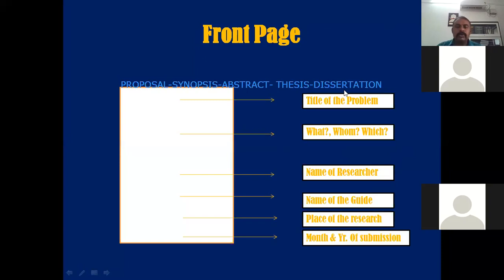Now we'll come to the front page. So this is the front page. If a new guideline is displayed, then you have to make the changes accordingly in your front page.